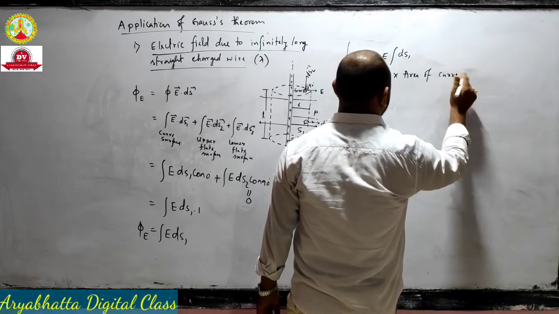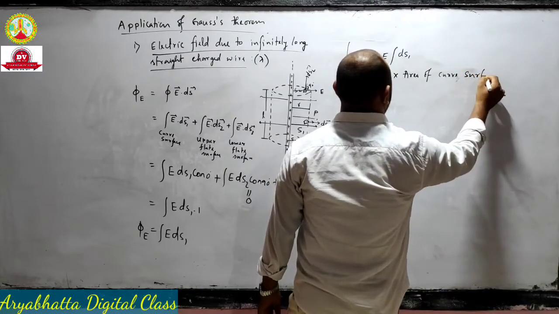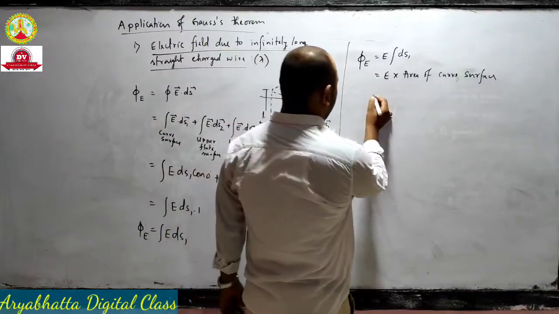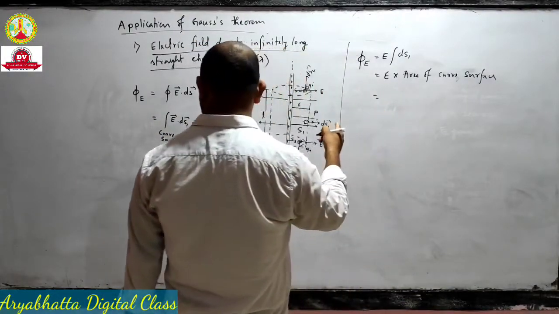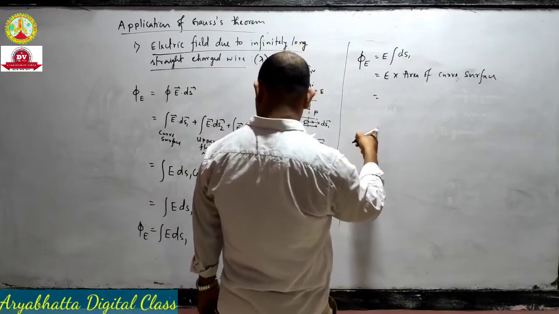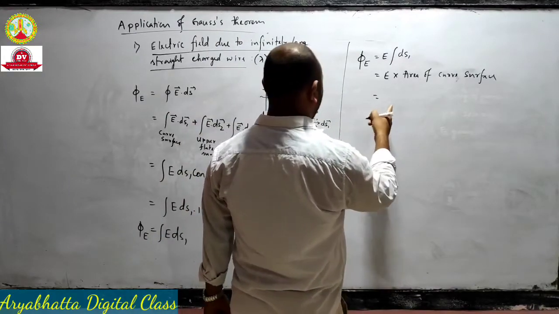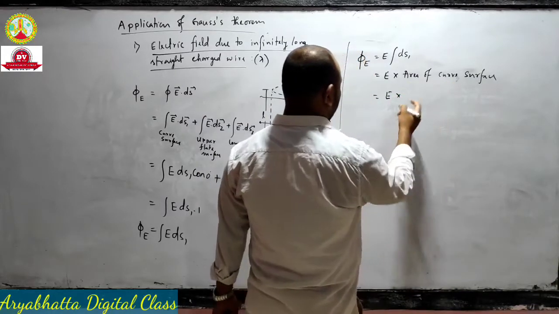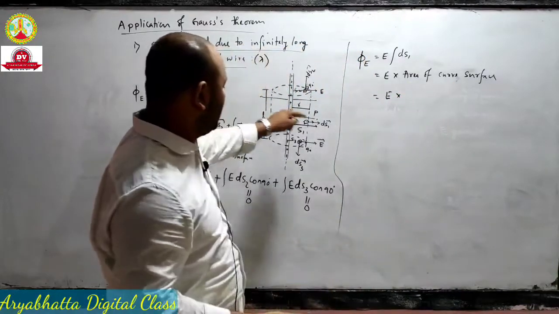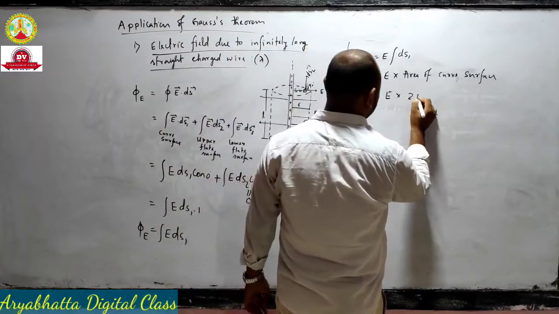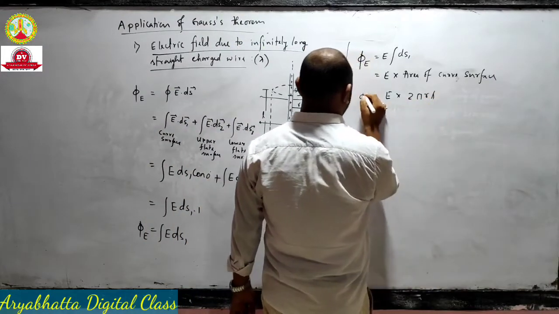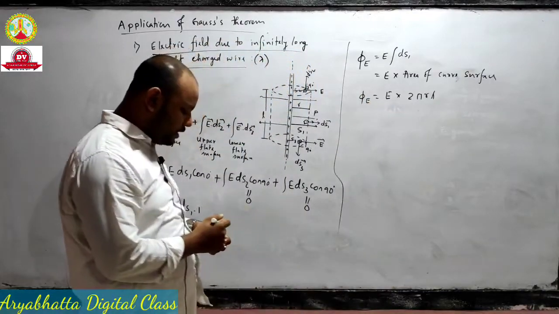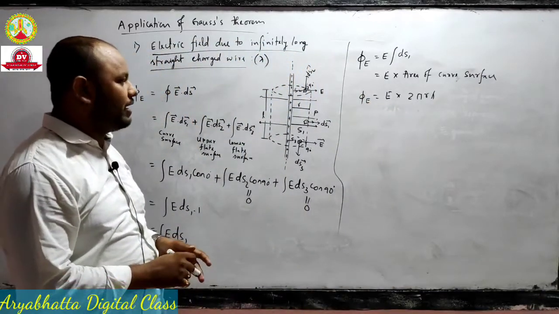We need to find this electric field. The area of this curved surface, how much? Its length is L and radius is R, so it is equal to twice pi RL. So this is the flux through the curved surface, which is equal to E into twice pi RL.